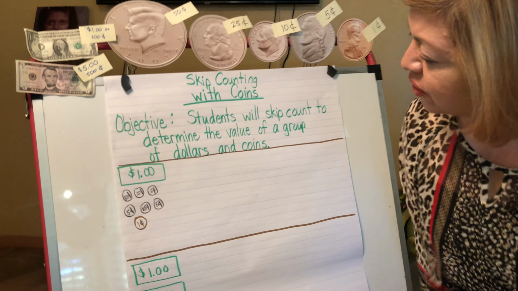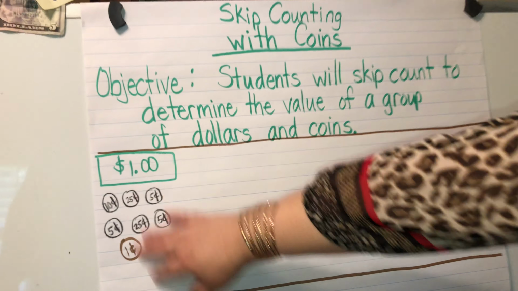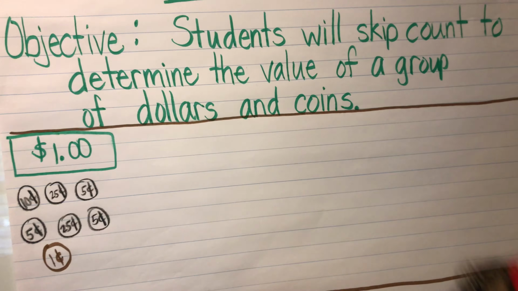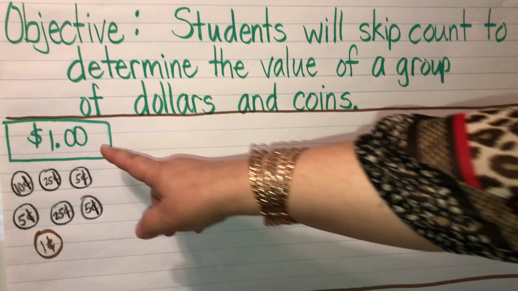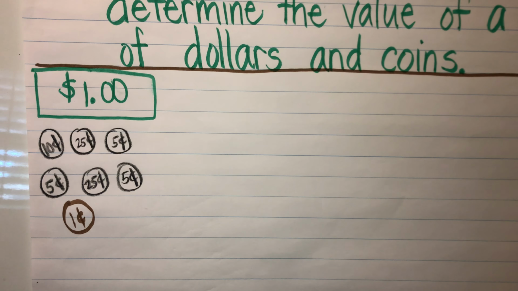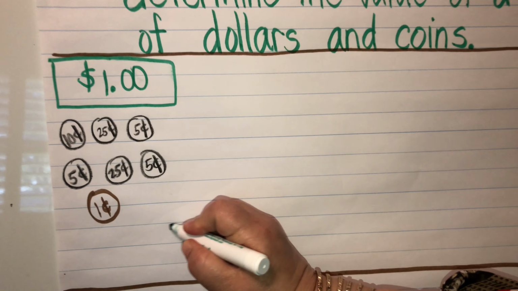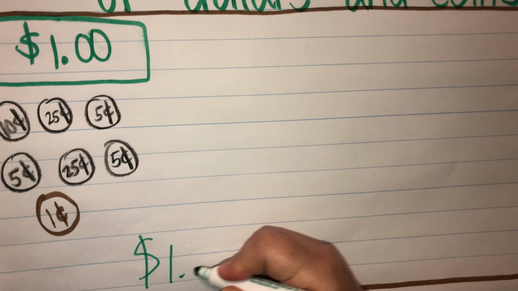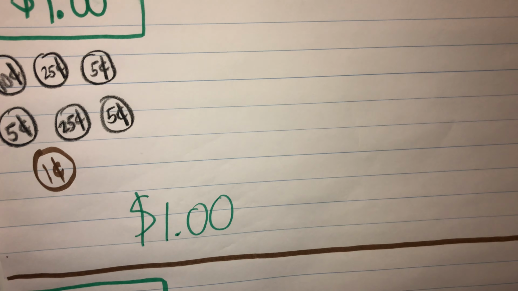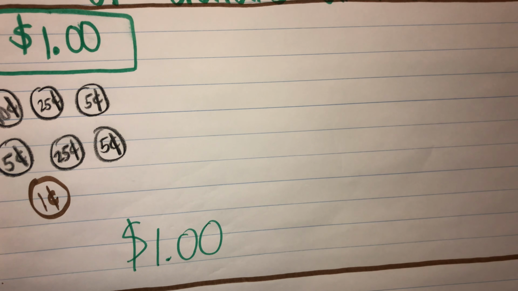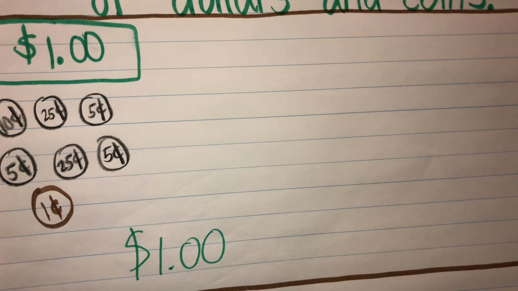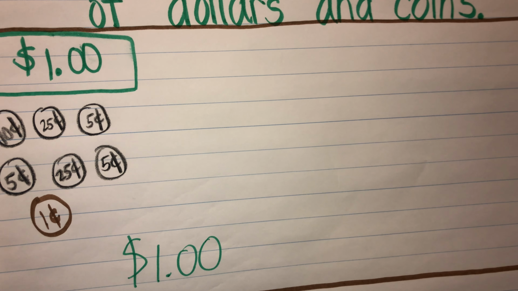Okay, so let's look at the first one. If I look for dollar bills, how many do you see? I see 1. So I think at the bottom, I'm going to write $1, just so I keep track of how many dollar bills I have. And then I could go back to adding the coins, just like we did in the past.